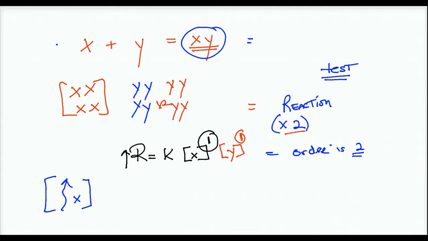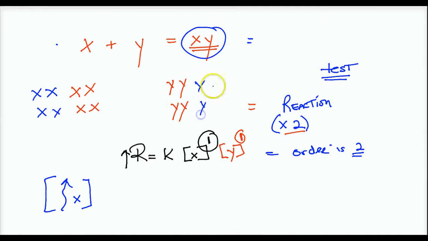If I was to double X and I was to double Y, okay? So if I double X and I double Y, now there's 4 times the ability for them to react faster, right? When we had just doubling X, X was going to find Y twice as fast.